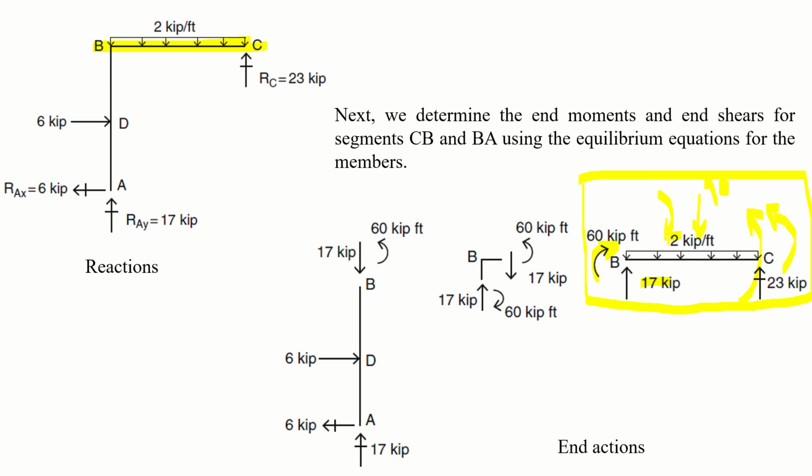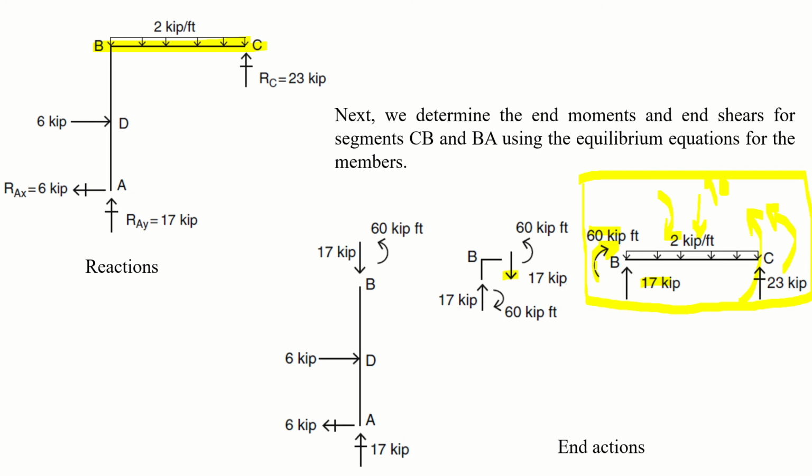Once you have made a member in equilibrium, I'm telling you this again and again, you have to satisfy that the joint at which you have applied these moments and forces should be in equilibrium. So draw the joint B and put the forces. You had the force of 17 kip upward here, so apply a force of 17 kip downward.